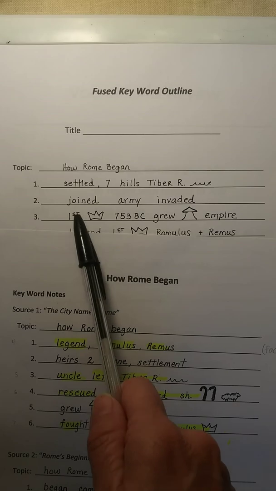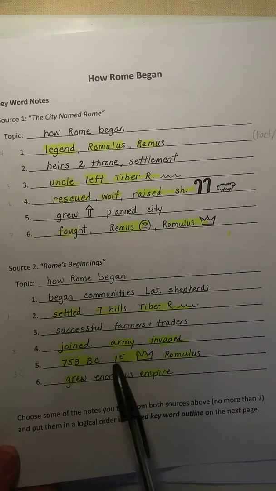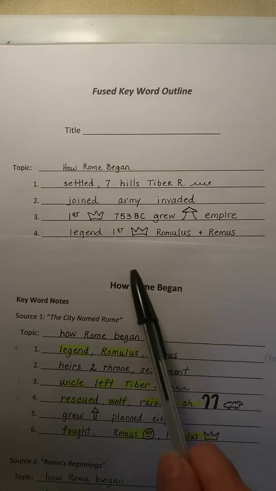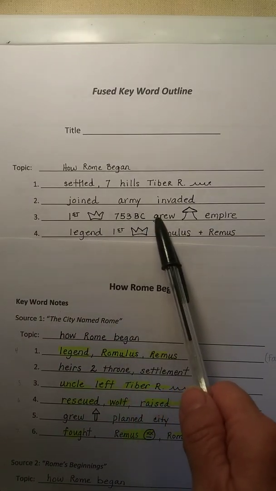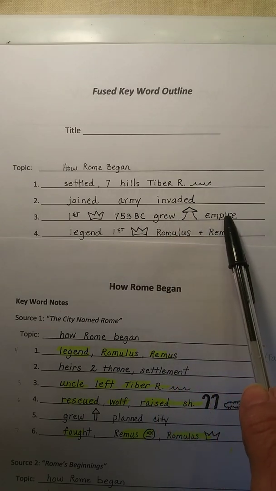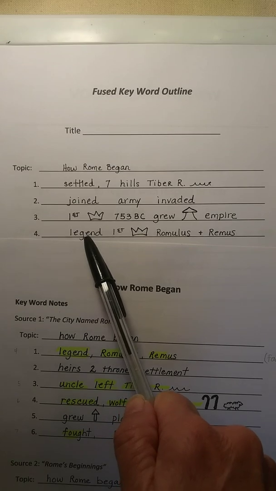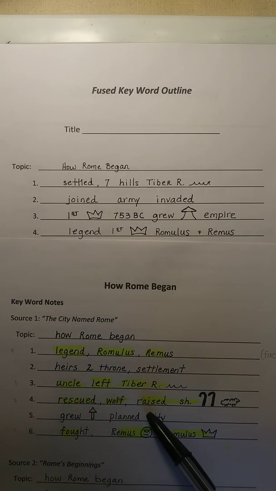So that will go next. Then I have the fact that the first king was in 753 BC. That was Romulus. And from that point on is when they grew to be a great empire. Then I'm going to transition into the legend part using this information.